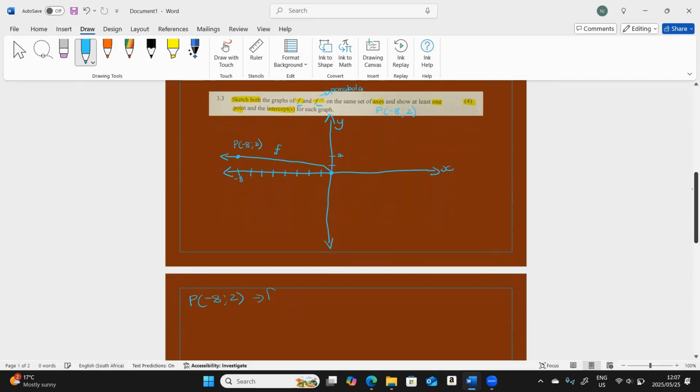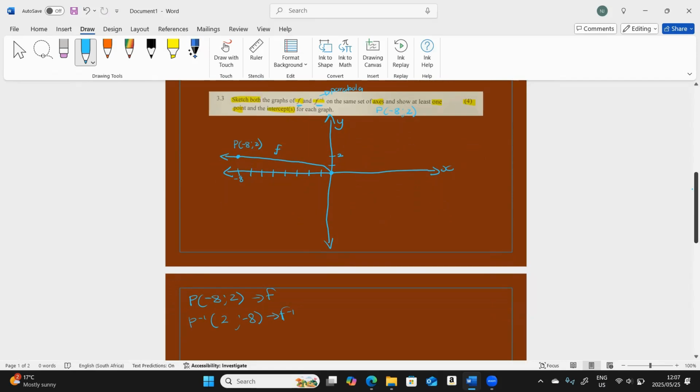So that is a point on F, but we need the inverse of this point. So that means we need to change the y and the x value to get the point on the inverse of the function. Okay, so do you understand this?